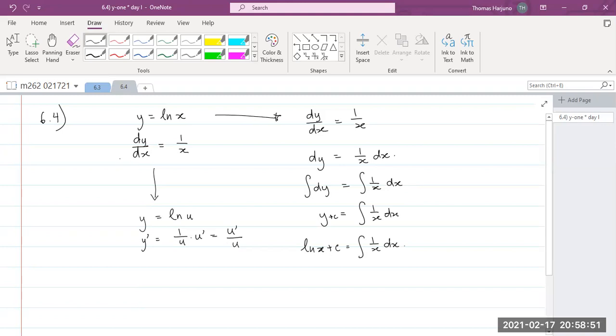From this one result here, we come up with the antiderivative, what happens with the chain rule, and what happens if the base is not e.